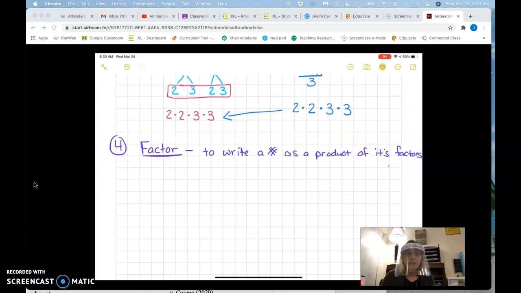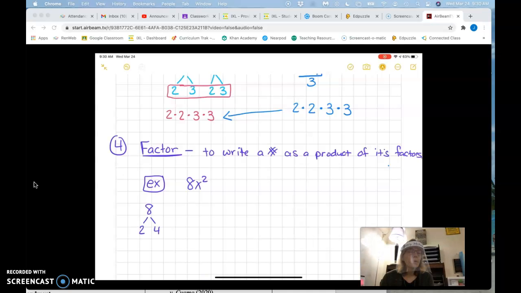So to factor a number means that you write the number as a product of its factors. So if we look at this example, I want to write this number as a product of all its prime factors. So the first thing I'm going to do is I'm going to factor 8. What equals 8? 4 and 2.